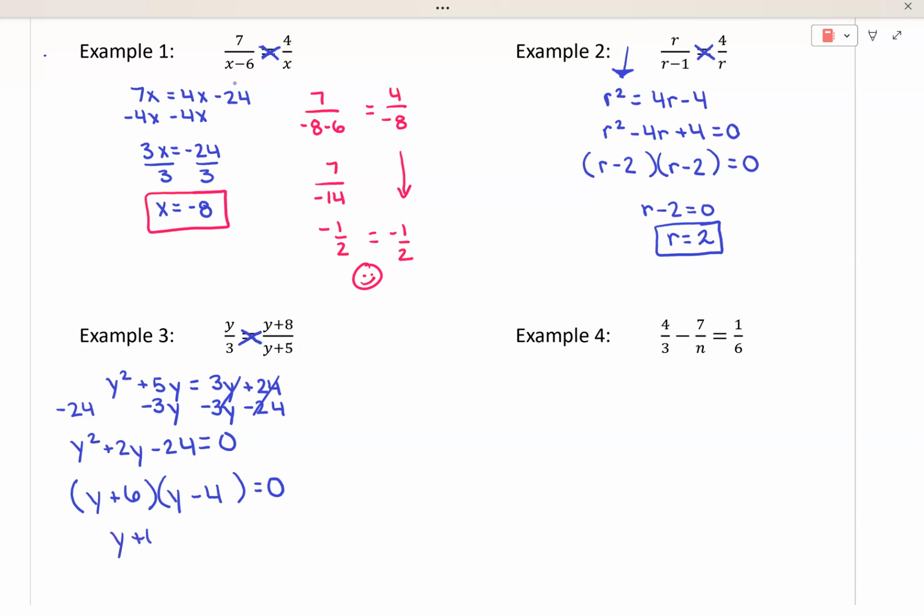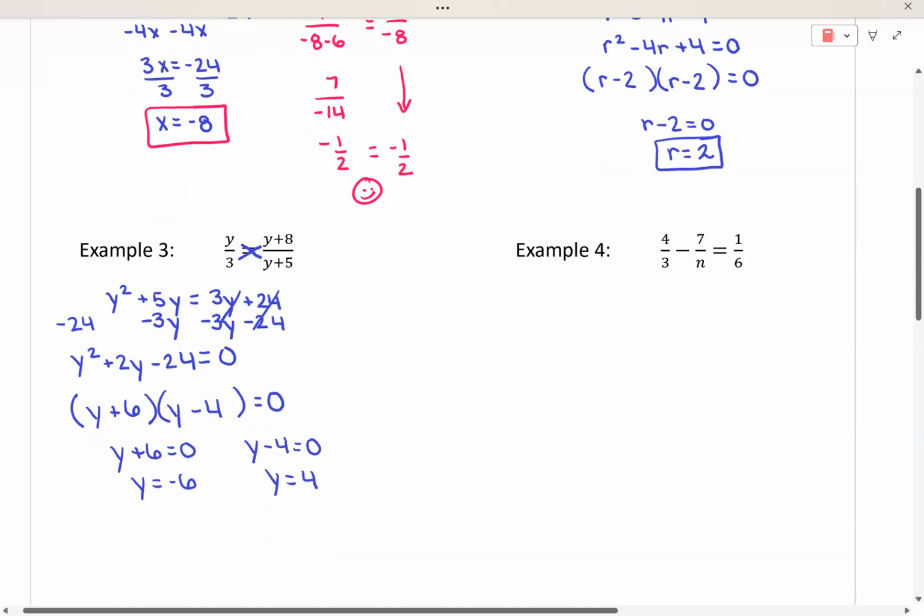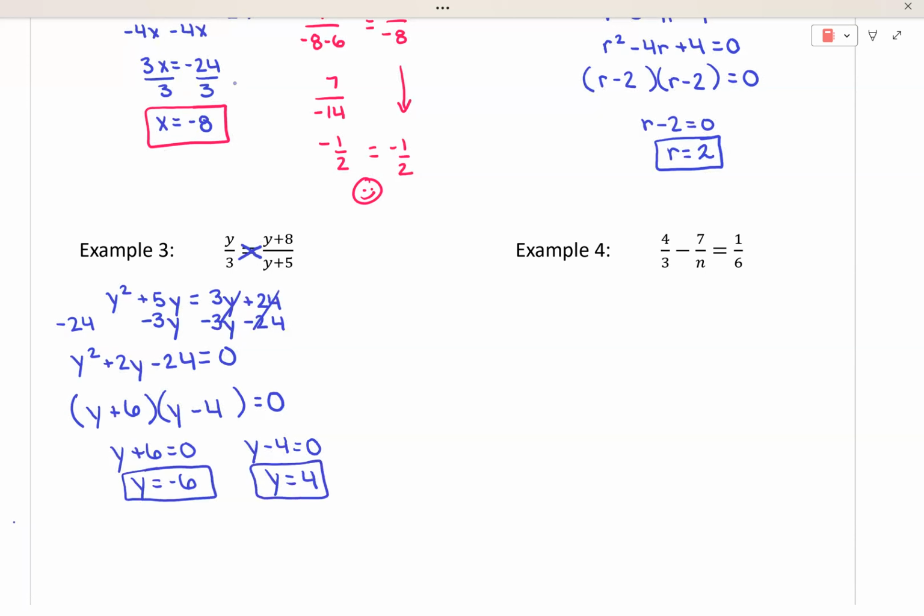So y plus 6 equals 0. y equals negative 6 for this one. y minus 4 equals 0. So y equals 4. And if you were to check both of these, they actually both work. Please don't assume that they both work because that's not true, especially when you're factoring. Sometimes things will not work.